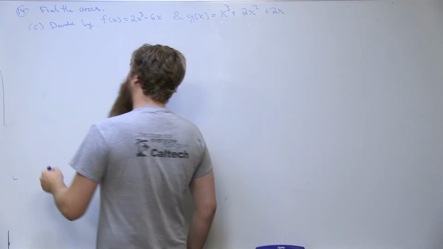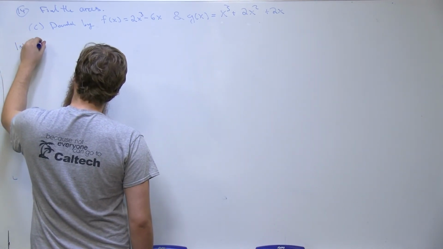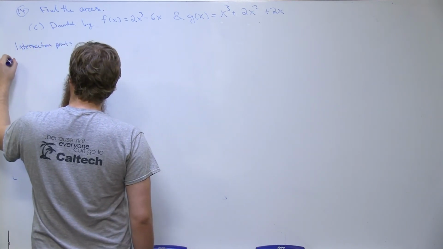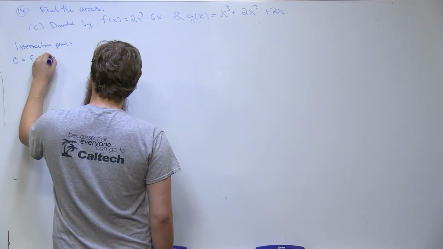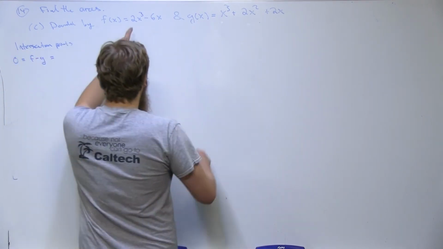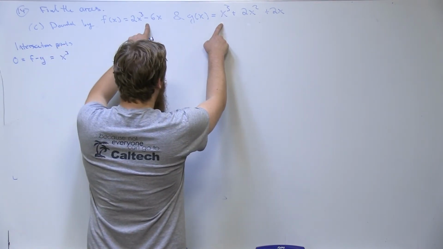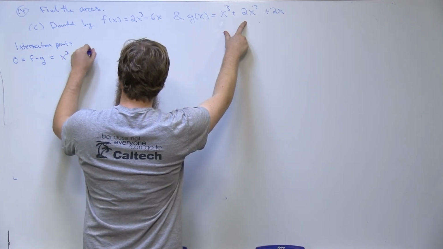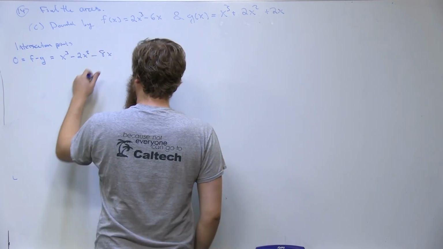So first we're going to find the intersection points. Those will be where f minus g is equal to 0. F minus g is 2x cubed minus x cubed, which is x cubed, 0x squared minus 2x squared is minus 2x squared, minus 6x minus 2x is minus 8x.